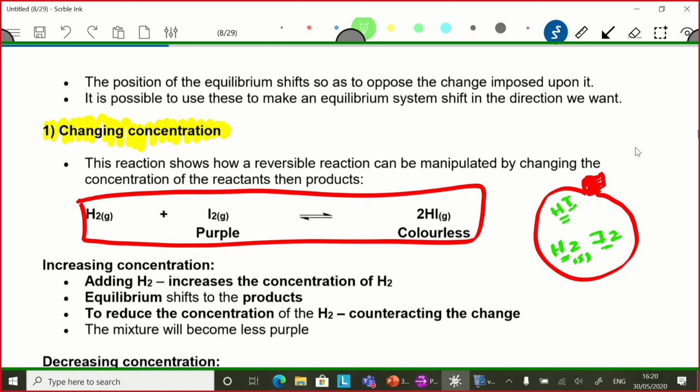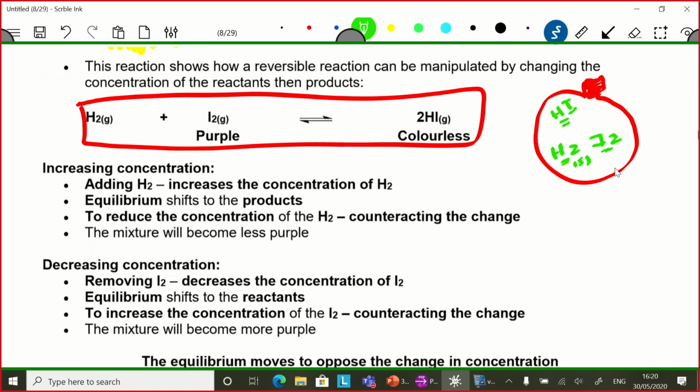The reaction is going to stop when the ratio between the reactant and the product, when the ratio between the product and reactant reaches a specific value, and this value we're going to study later is called the Kc.